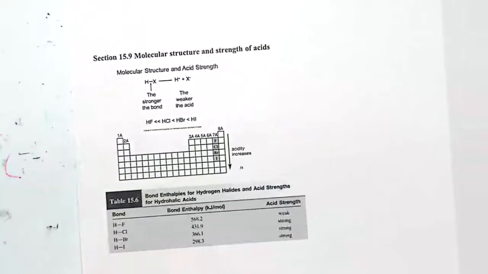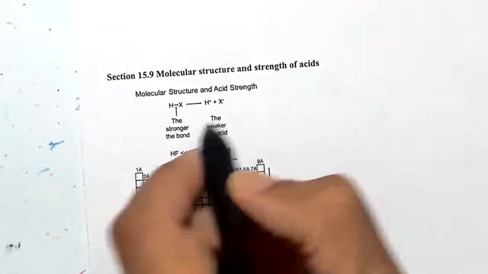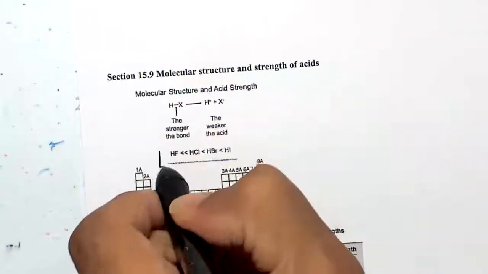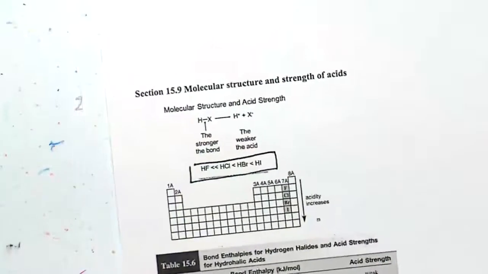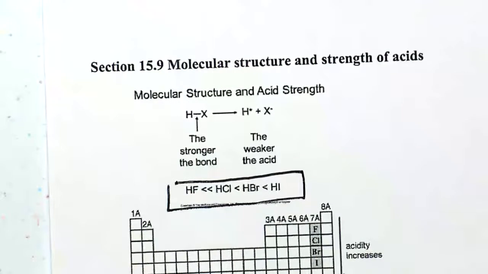Finally, strong acids. There are 6 strong acids, but I just want to bring your attention here to what's inside this box.